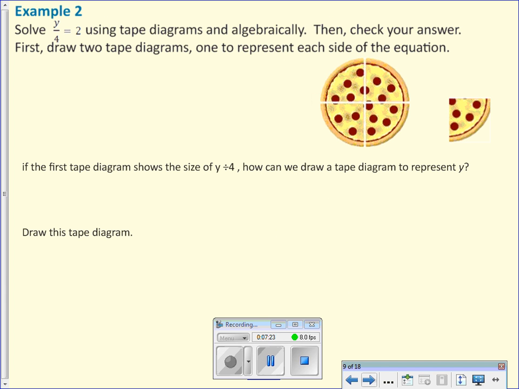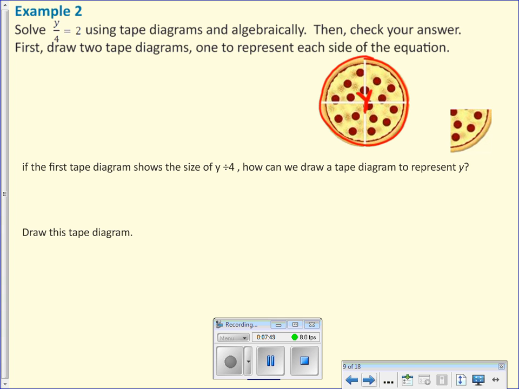Now we have y divided by 4 equals 2. Imagine this whole pizza. My whole pizza is y. So I took my whole pizza y, and we divided it into 4. So my y divided by 4 looks like that.